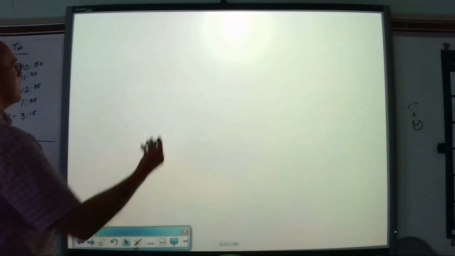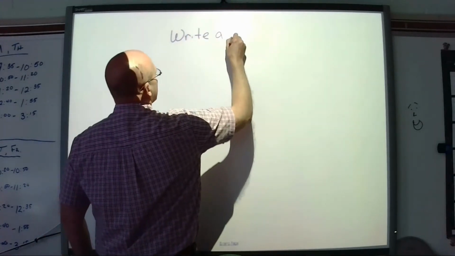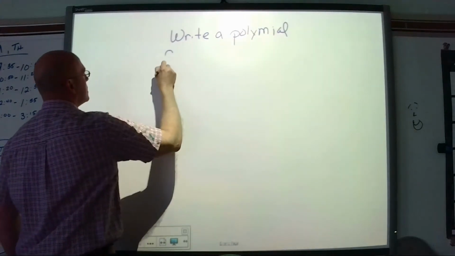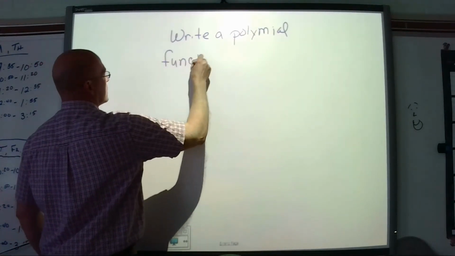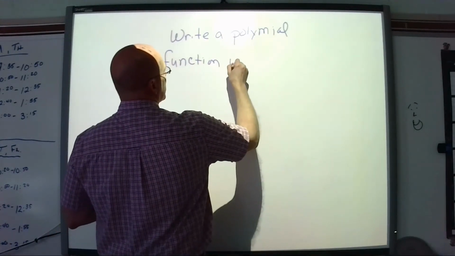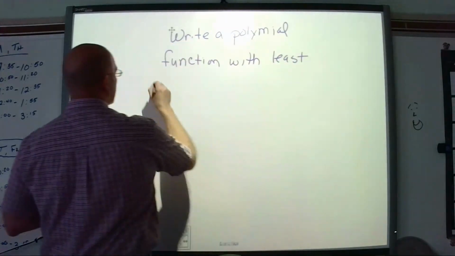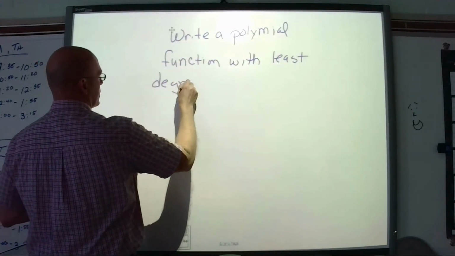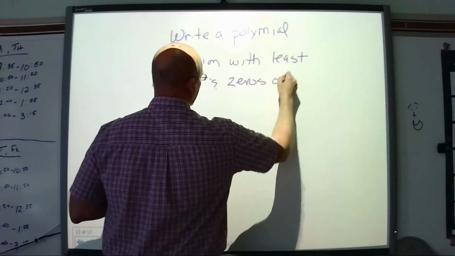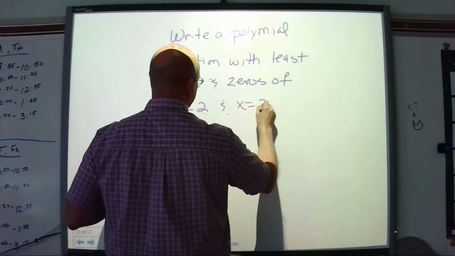Here we go. So this is what I want you to be able to do. Write a polynomial function with least degree and zeros of x equals 2 and x equals 3i.